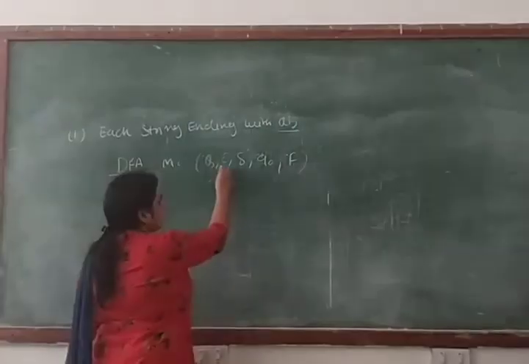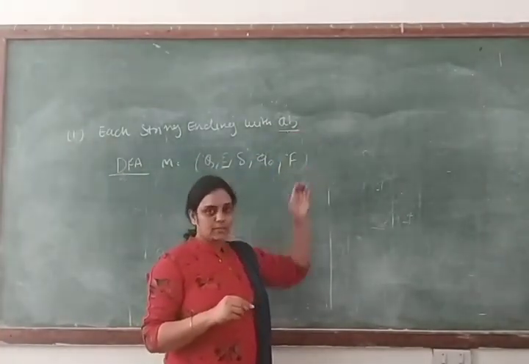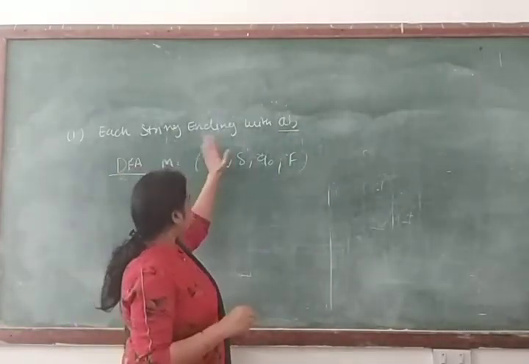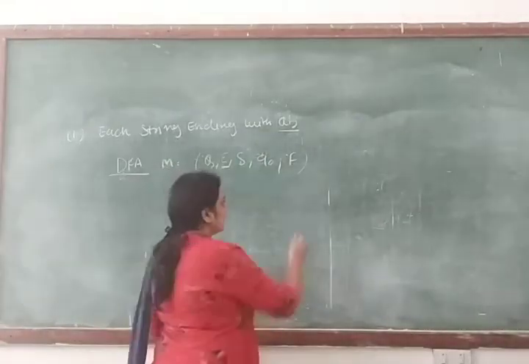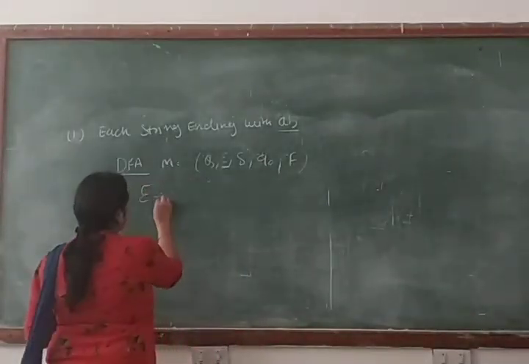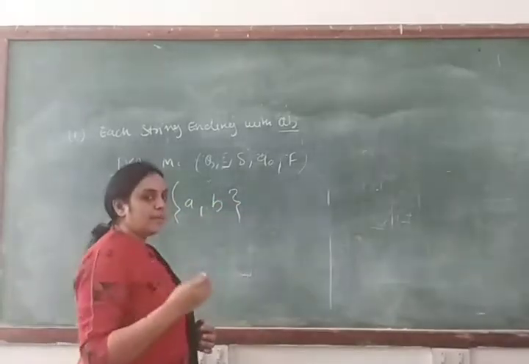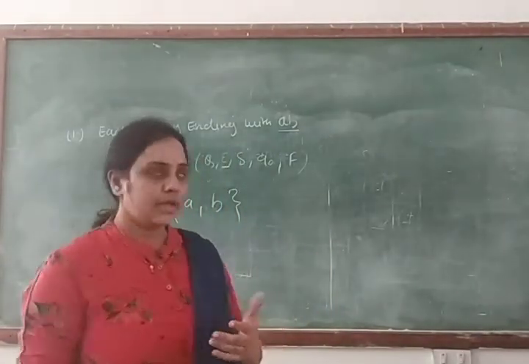Sigma represents the set of input symbols, and in your example you have two input symbols, small a and small b. So we will write here sigma is a or b.